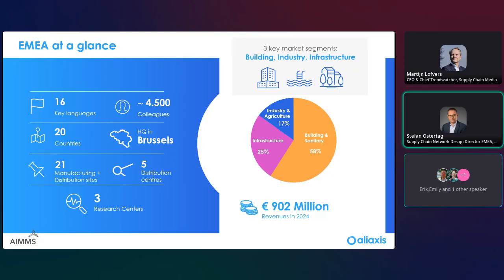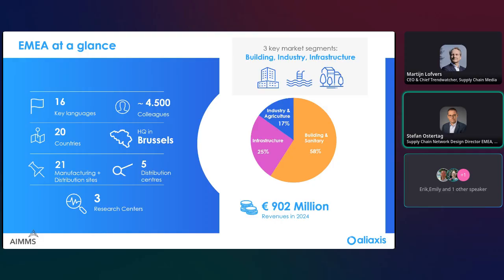Industry and agriculture is one segment for us, so predominantly we do our business in the building and sanitary market, which is everything you can find in your household: fresh water, wastewater systems, sewage, waste traps, all that kind of topics.